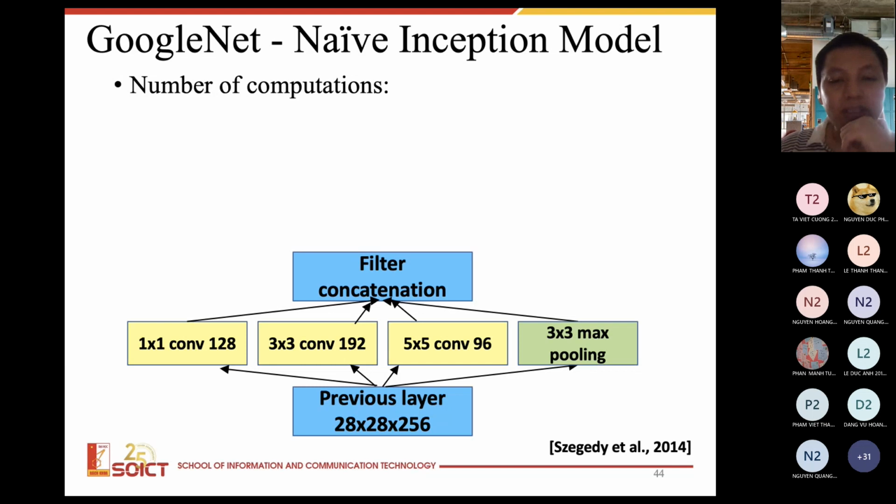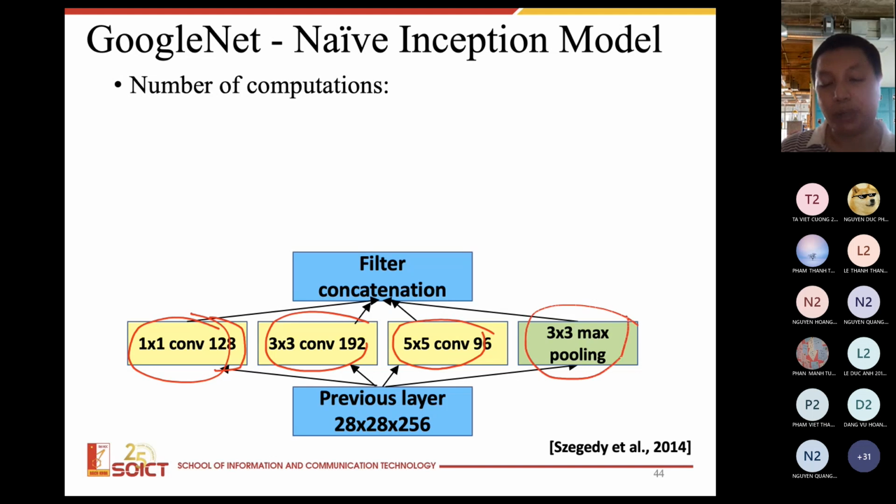An inception module consists of one 1 by 1 convolution with 128 channels, one 3 by 3 convolution with 192 channels, one 5 by 5 convolution with 96 channels, and one 3 by 3 max pooling.